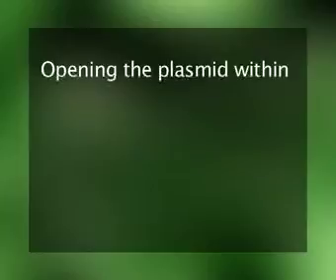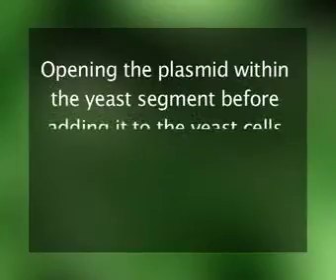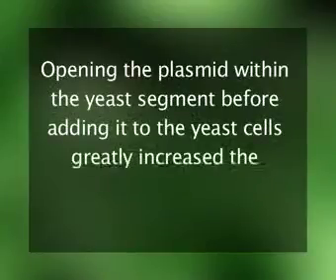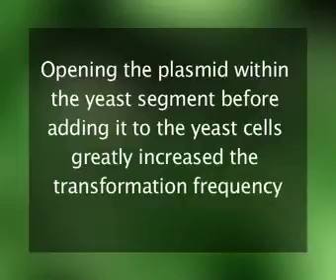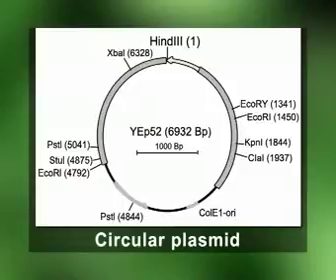An important development in the use of these vectors has been the observation that opening the plasmid within the yeast segment before adding it to the yeast cells greatly increases the transformation frequency. For that purpose, the plasmid is treated with a restriction enzyme that has a unique recognition site within the yeast segment.